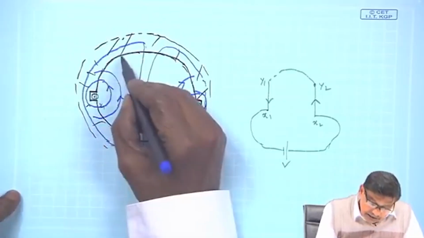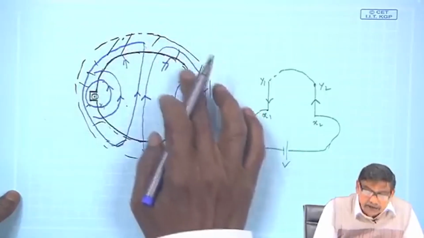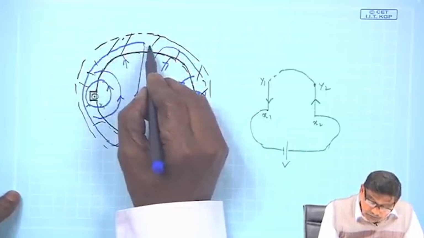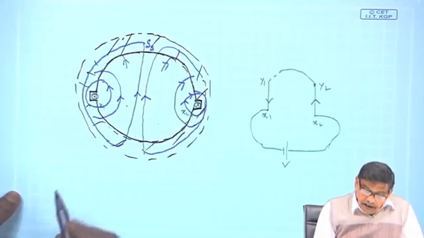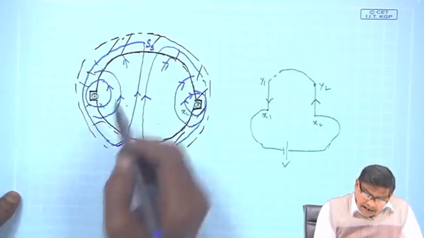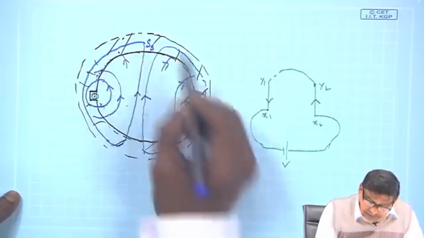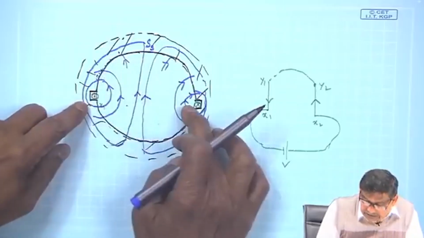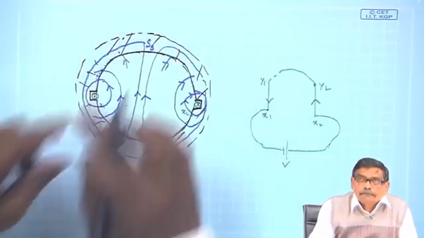As I told you earlier, lines of force terminating on the iron part is your south pole. So, your SS will be here, and this SS exists here also, that is, half of this stator structure will become south pole.